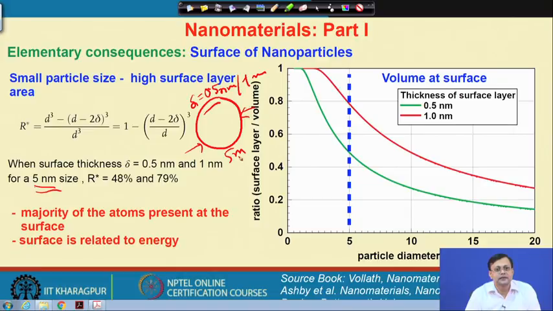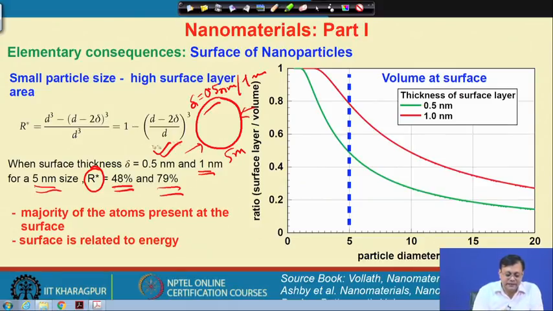In that case, you will find that the volume ratio of the surface and the bulk volume is almost 48% for 0.5 nanometer thickness, and almost 79% for 1 nanometer thickness. Such a high volume is available on the surface of a nanoparticle. So, this is quite high.